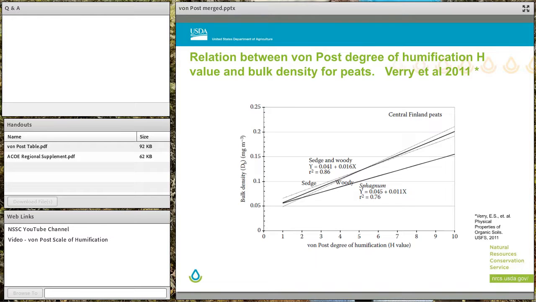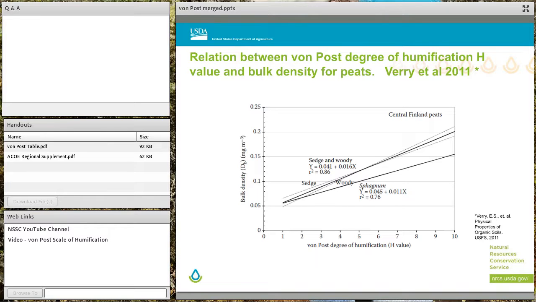These were actually samples from Finland, and they demonstrate the relationship. And there's actually a pretty good relationship. And they also broke it down based on vegetation type.